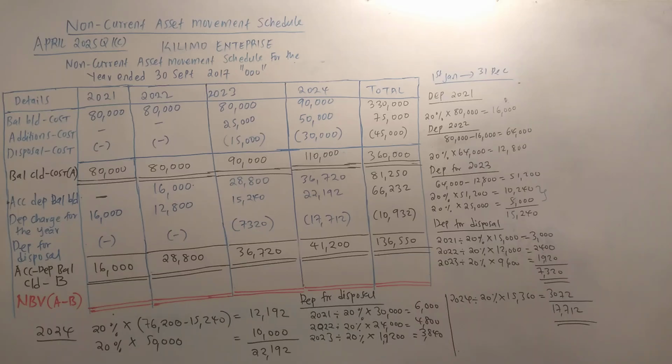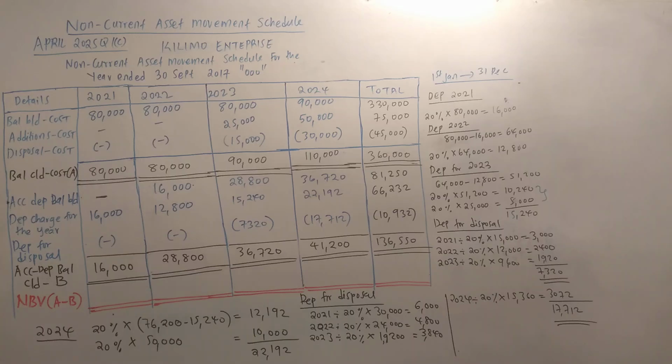So 16,000 plus 28,800, that is 36,720. So 81,150 thereof 16,000, 12,800, 15,240, 22,192, 66,232, then 7,320, 17,712.